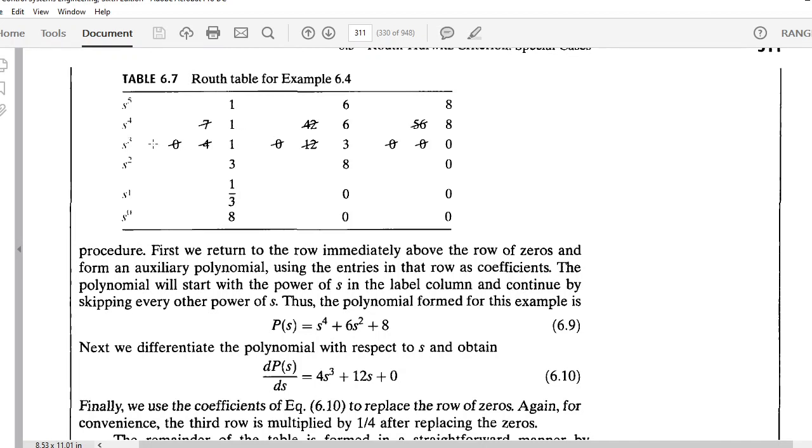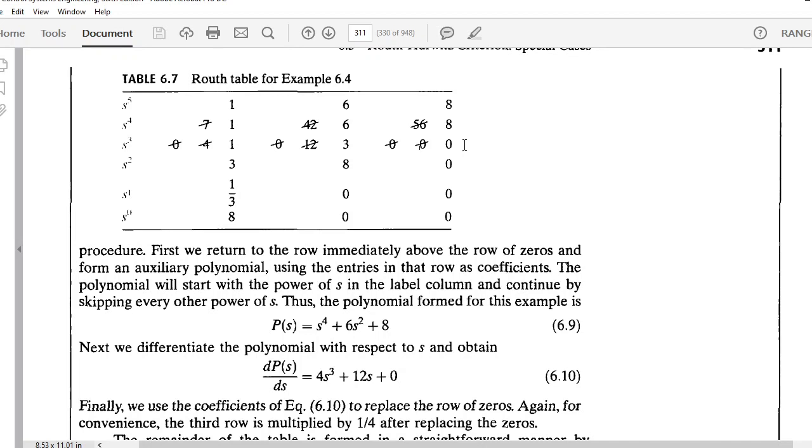The next question is a discussion between it being stable and marginally stable. Now, a row of zeros indicates that there are poles lying on the j omega axis, and when poles lie on the j omega axis, it means that the system is marginally stable. Now remember the order. So you first need to look if the system is unstable, then look whether it's marginally stable, and then whether it is stable.